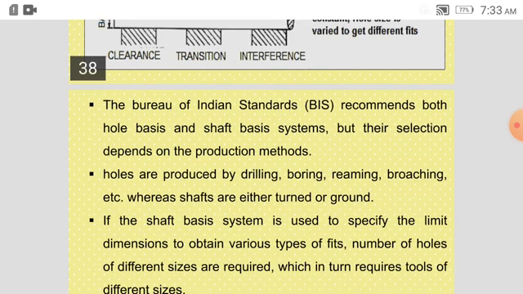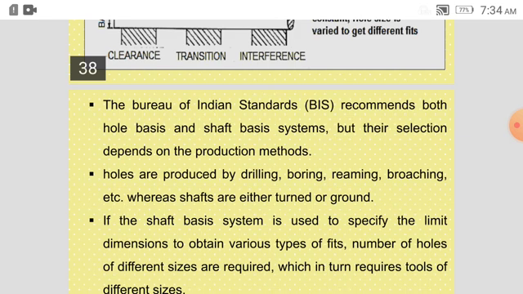Then there is BIS, that is Bureau of Indian Standards, which recommends both hole basis and shaft basis systems, but their selection depends on the production method. Now we know that whenever we are producing a shaft, only turning is sufficient. So with the help of a lathe, we can reduce, or we can have the dimension of a shaft to any level.